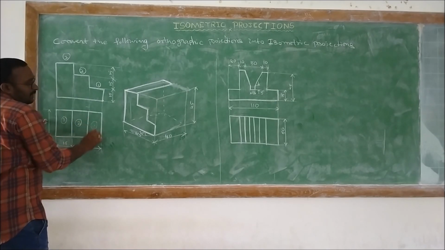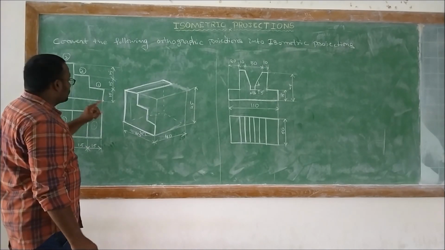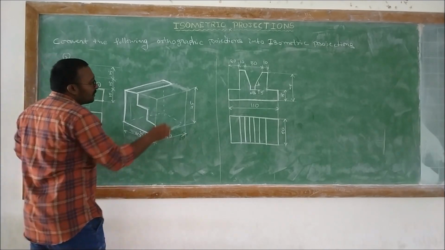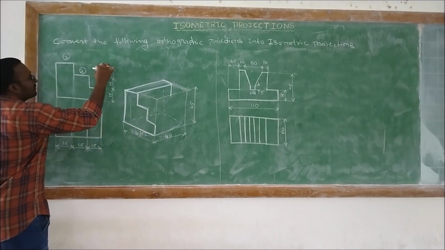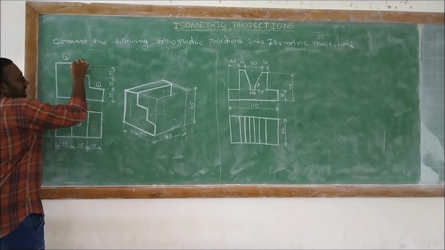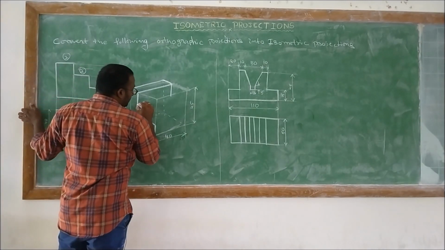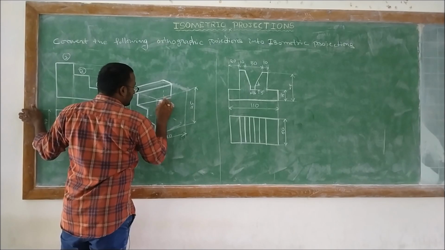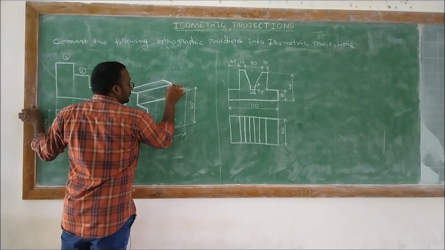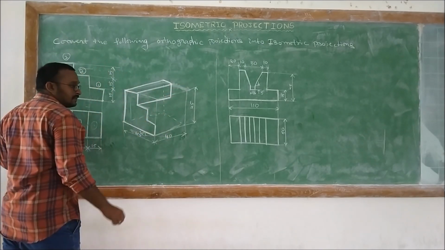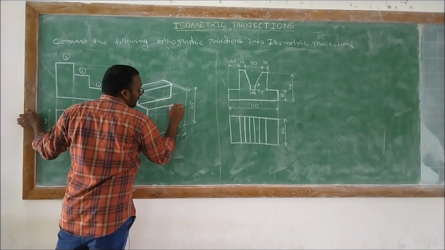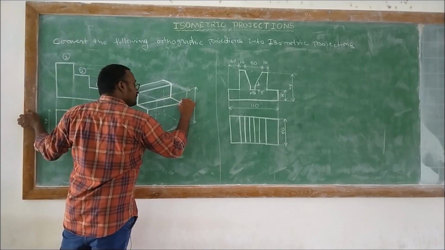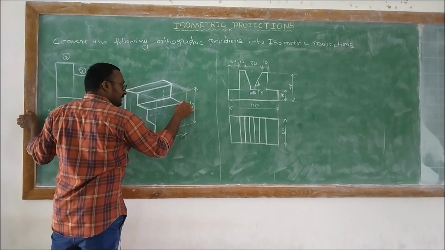Now we are moving on to the second step. Here the vertical line should be vertical on the back side also. So this particular surface, that particular surface will be, then the second step, and then the third step.